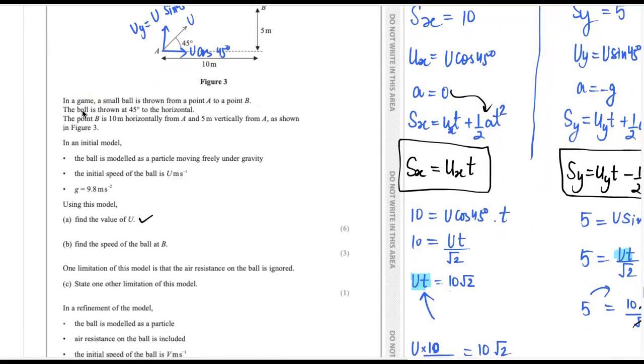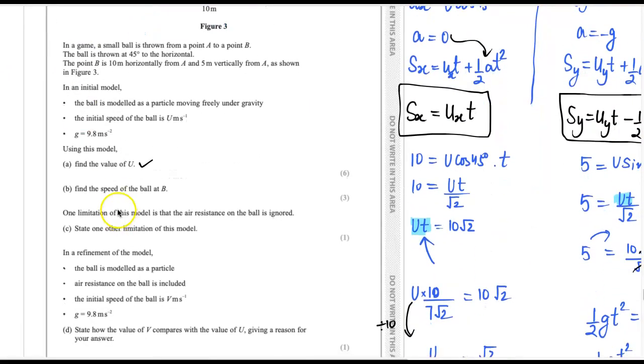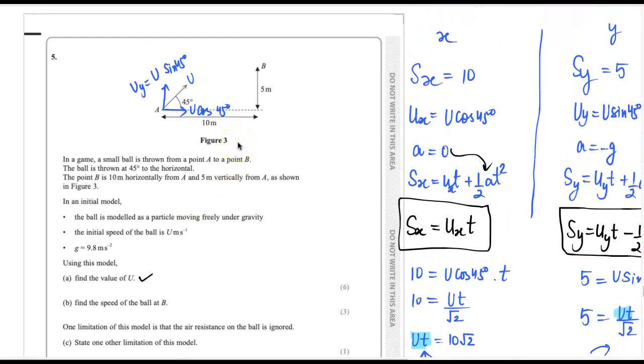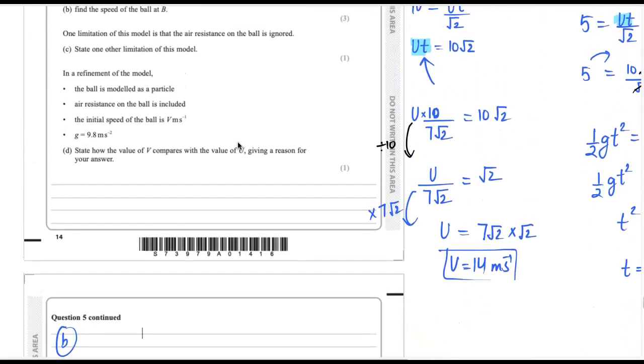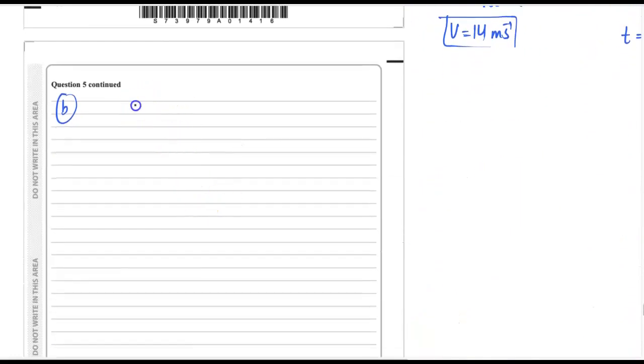Now let's see the B part. It is asking us to find the speed of the ball at B. Speed is distance traveled over time, so the distance is Sx over time.